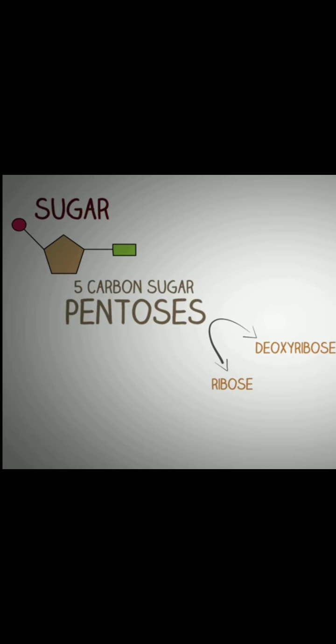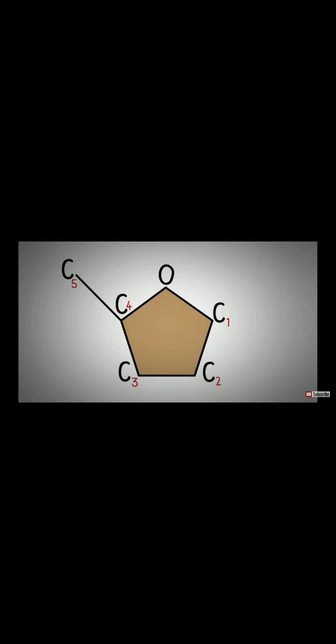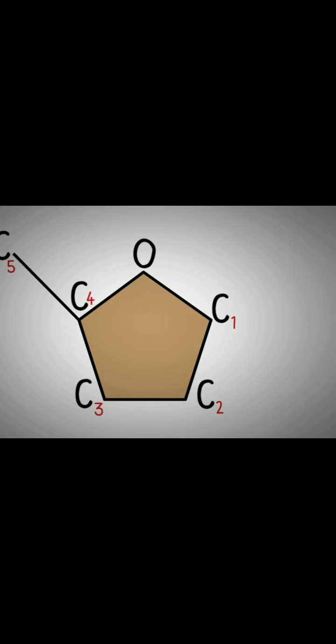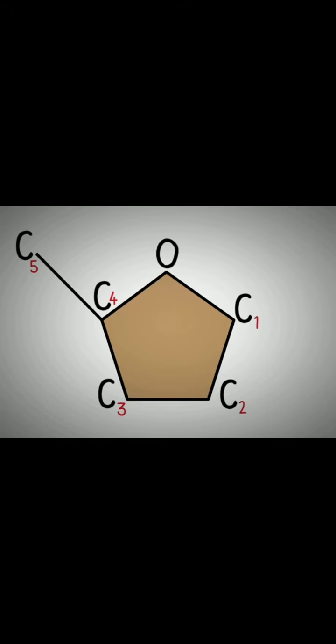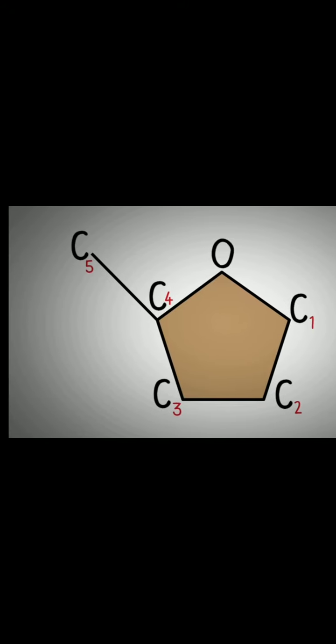They are present in this simplified structure of the sugar present inside the nucleotide. Now if we compare this structure with the chemical structure of ribose and deoxyribose, on the right you can see the structure clearly. We have carbon atoms at each of these corners, and the last carbon atom located outside the ring.